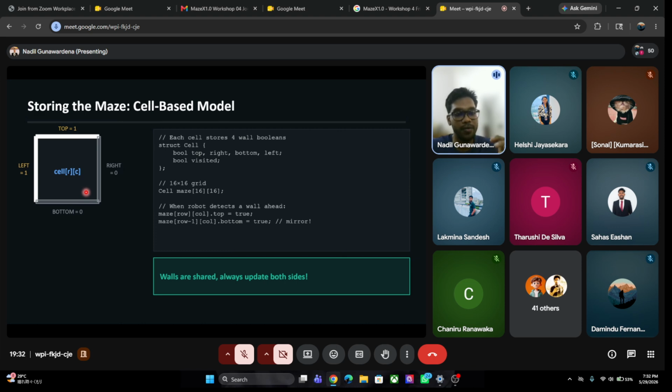If we detect a wall on top in this cell, we actually need to update the cell above it also. Let's say we store that there is a wall on top of this cell, and we do not store the status of the wall for the cell above it, that means row minus 1, the same column, the cell belonging to the row above. So we do not update that.